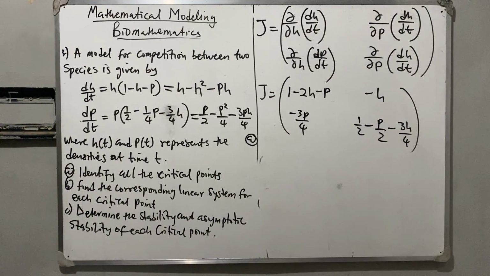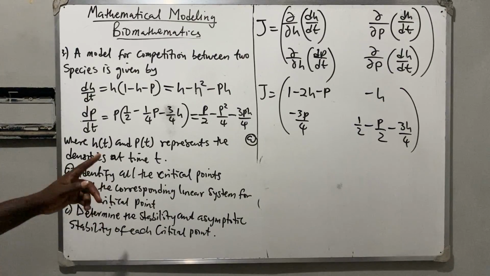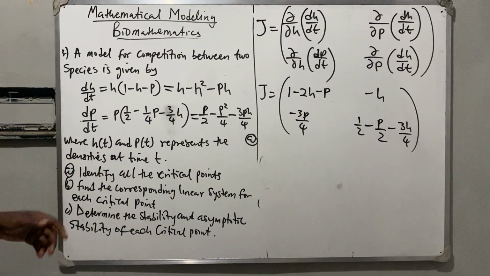So from this Jacobian, what we are now going to do is start to substitute the critical points, because we are asked to find the corresponding linear system for each critical point.